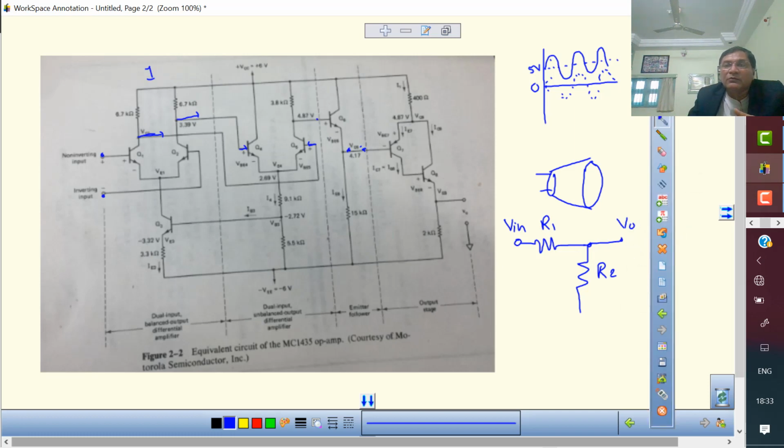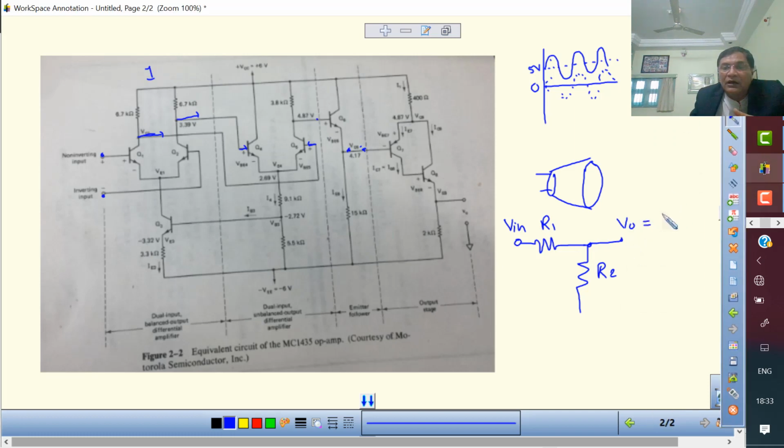So VO will be equal to R2 upon R1 plus R2 into Vin. This is your voltage divider circuit. You must be knowing this thing.